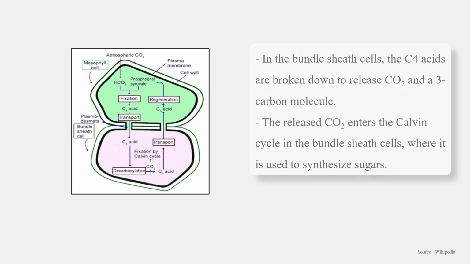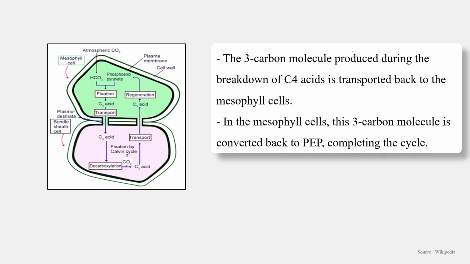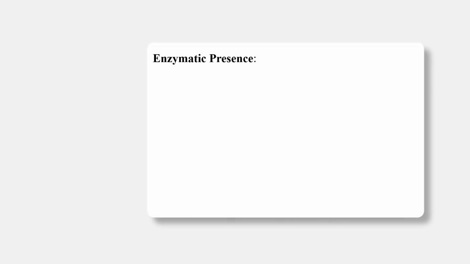The 3-carbon molecule produced during the breakdown of C4 acid is transported back to the mesophyll cell, and there it is converted back to PEP, which completes the cycle. So this is how carbon fixation occurs in C4 plants.